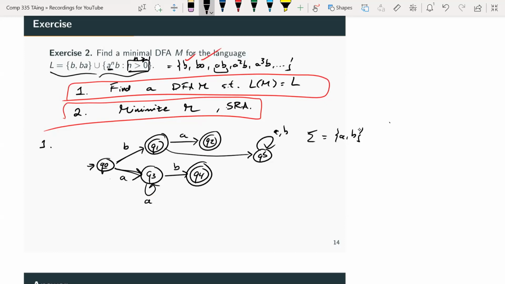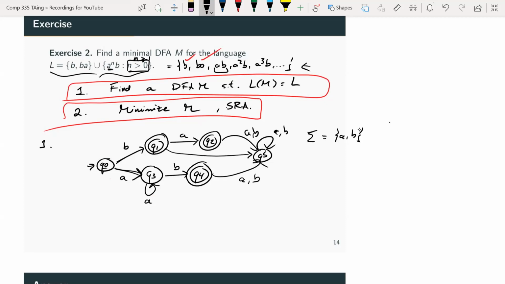If you're in Q2 and you see an A or a B, that's going to look like BA or BB. That's not like anything in here. So that's also going to go into a trap state. And the same thing for Q4, anything that you see, A or B, that's also going to be rejected. So that's going to go to Q5 on A and B.